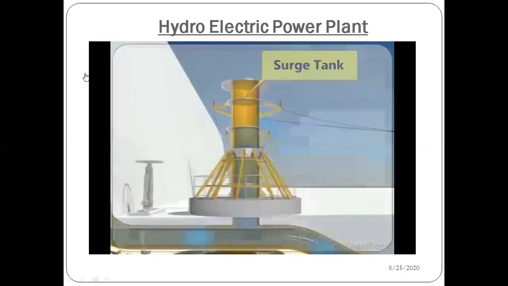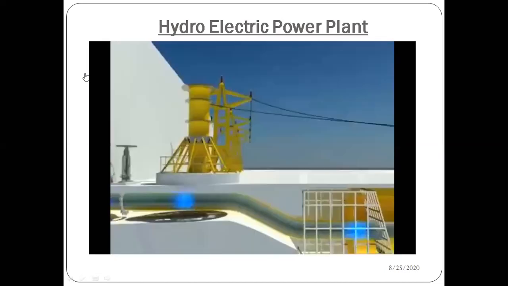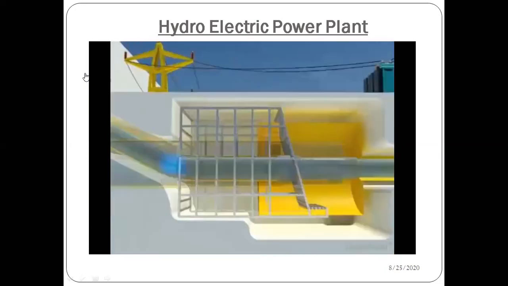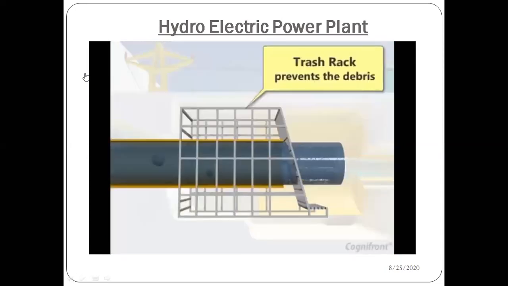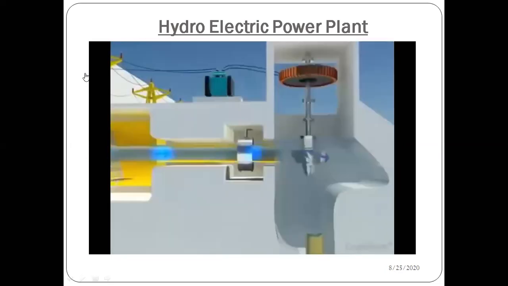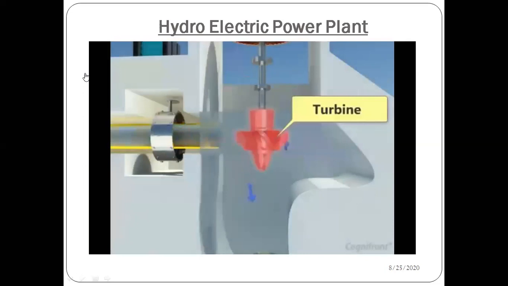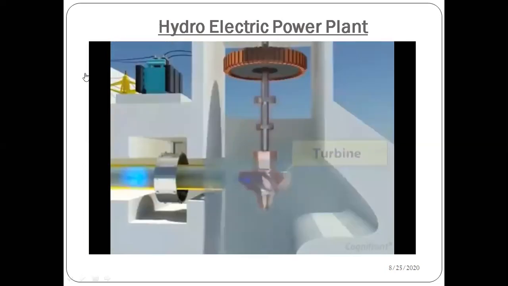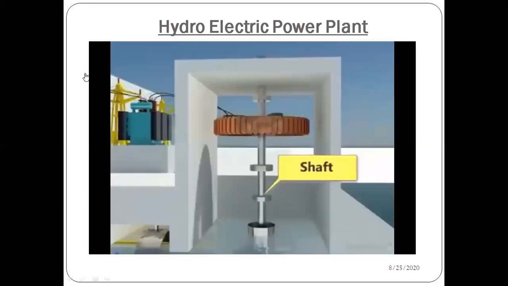A surge tank reduces the excessive water force on the penstock. Here, trash rack prevents the debris from entering the powerhouse. Due to the force of water, the turbine starts rotating, due to which mechanical energy is produced.